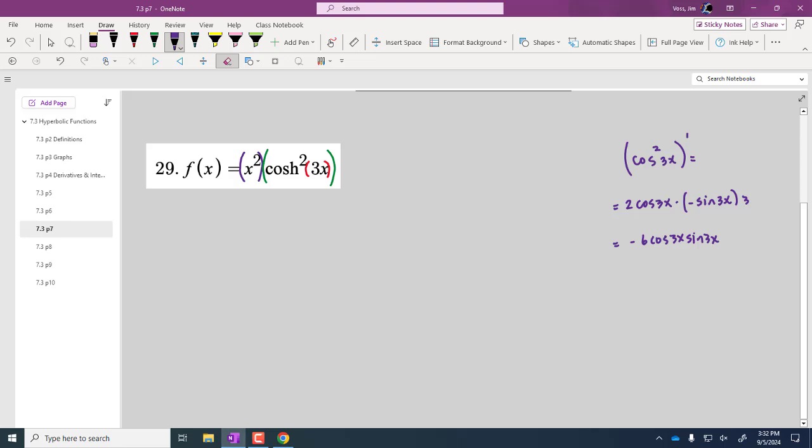So how many of you got that right? Minus 6 cosine 3x and sine 3x. Few of you?